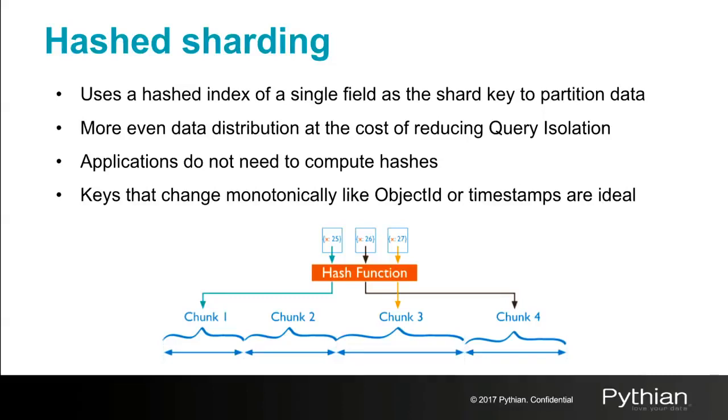And that's mostly for range-based queries, where we search, for example, give me the documents where the user ID is greater than 25 and less than 30. Probably in that case, our query will be run against multiple shards, unlike the case when we have range-based sharding.